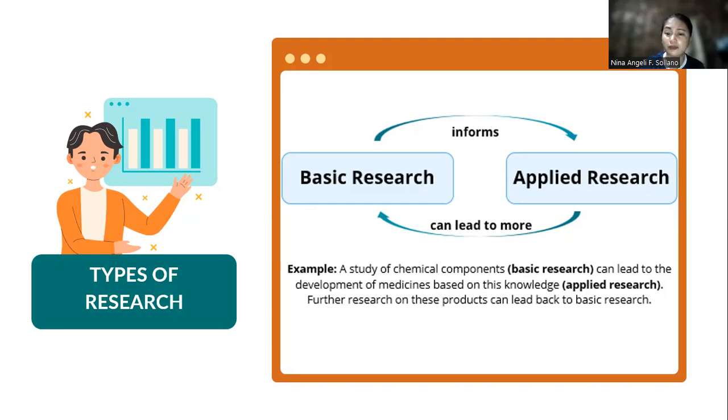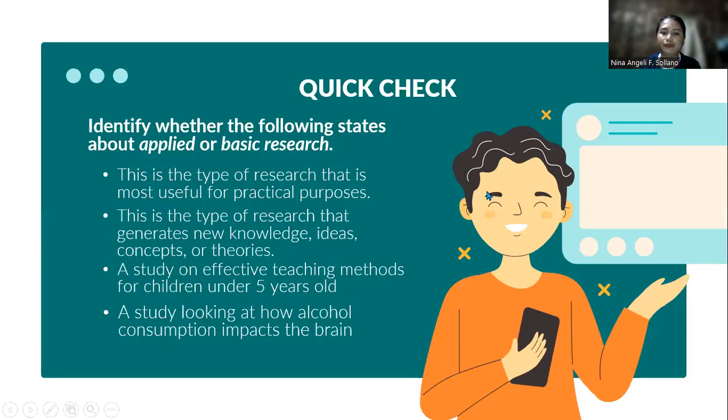So you are to mix all the chemical components you have, for example, calcium, iron, to make a vitamin C. So you are going to make the medicine now, and that's the time that it is called applied research, because you are now undergoing a process and you will test if that vitamin is safe or not, or effective rather. So that's it for basic and applied research.